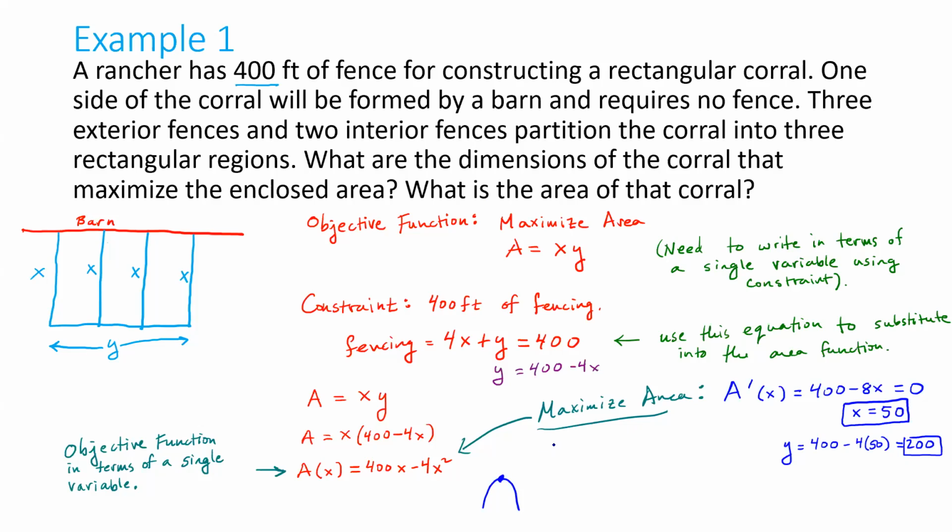So those would be the dimensions that maximize area. x equals 50 and y equals 200.